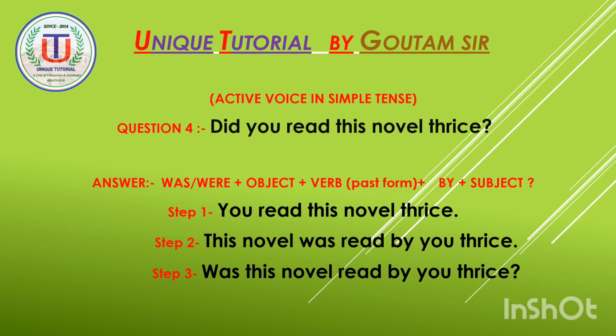To change an interrogative sentence into passive voice, the first thing I need to do is change the sentence into assertive. So the sentence in assertive will be, you read this novel thrice. Then I have to change the voice. This novel was read by you thrice. As the question was in interrogative form, we have to place the auxiliary verb in front of the subject. So the sentence will be, was this novel read by you thrice?